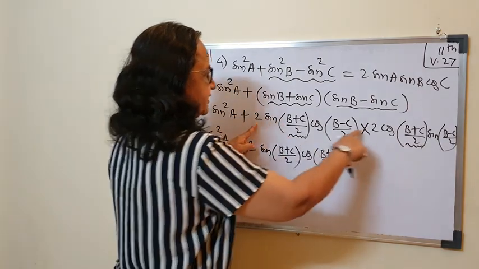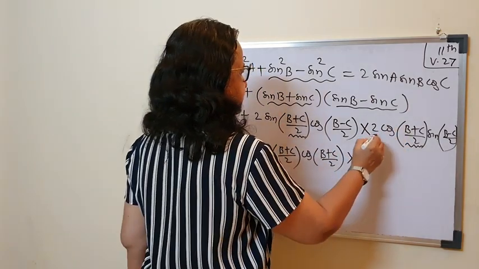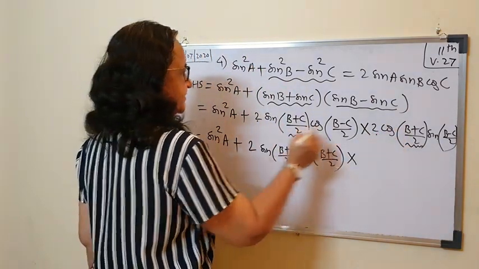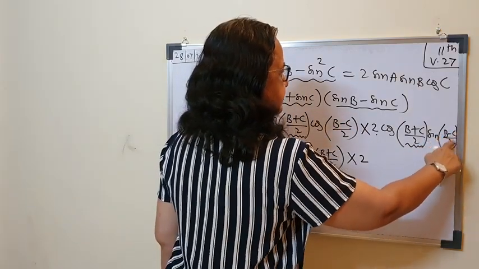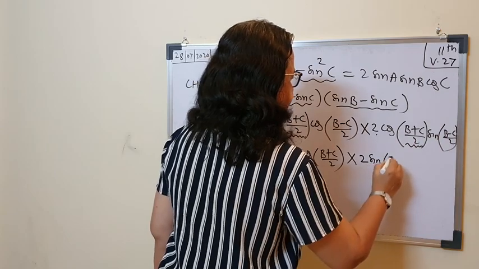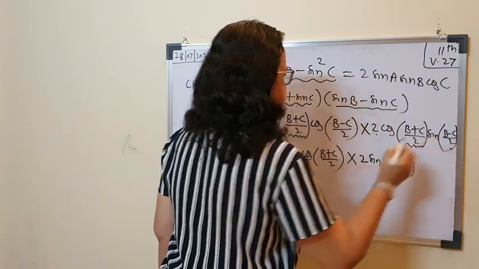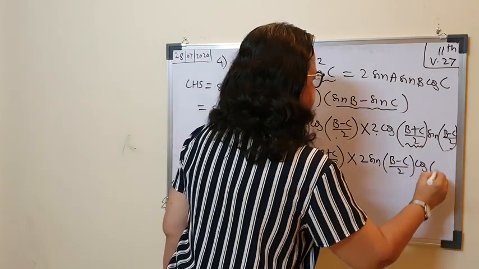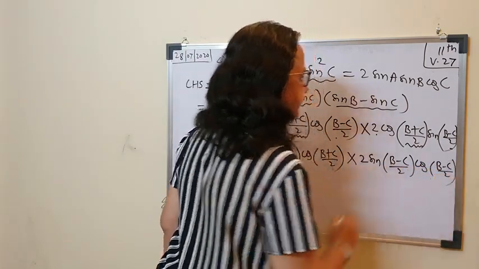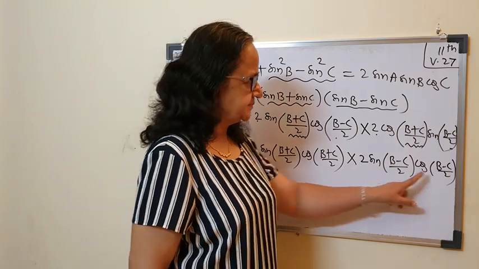And this again is multiplication, so into, now this 2, because the one 2 I wrote here, now I write this 2. Now sin (B minus C) upon 2, and the same angle is here, observe: cos (B minus C) upon 2. Do you see theta is the same?